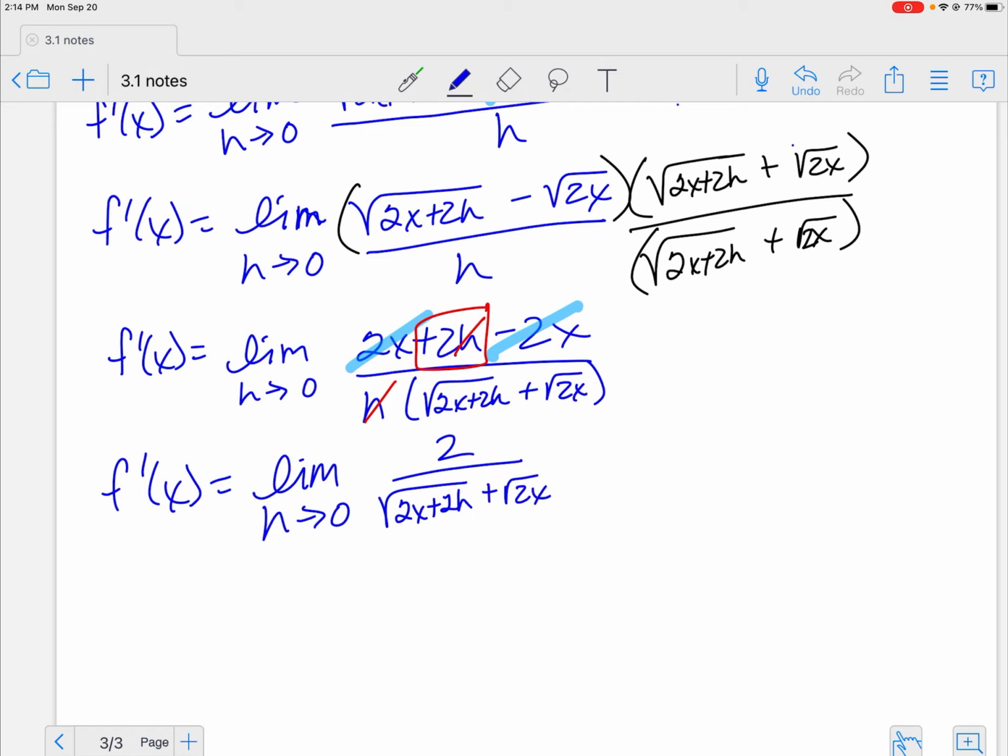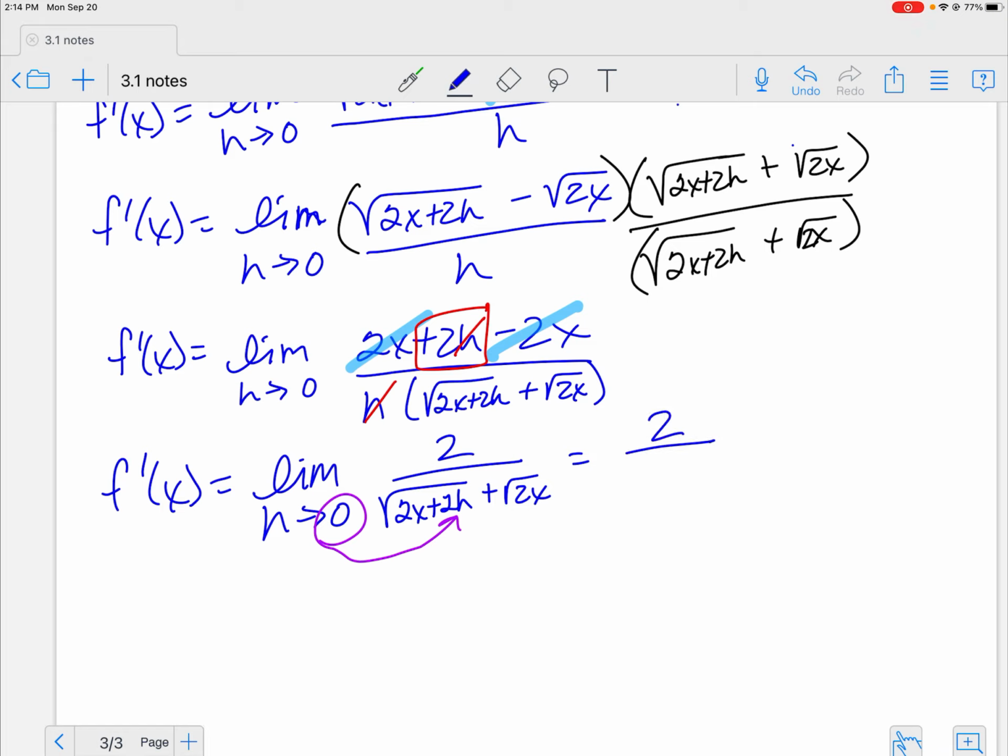Do you see that? It's okay that there is an h in the denominator here because it's not multiplied. That's the key. Remember that? As long as it's added or subtracted, that's legit. I just can't have it multiplied.